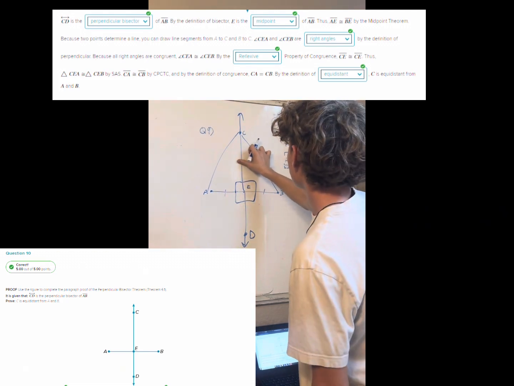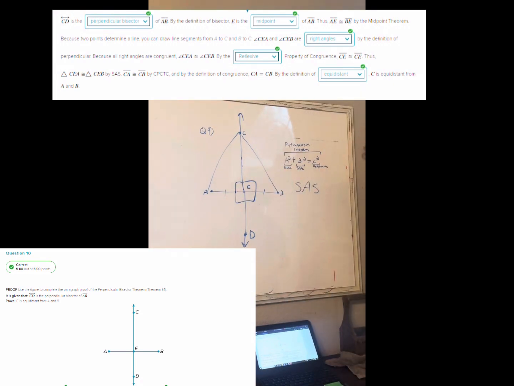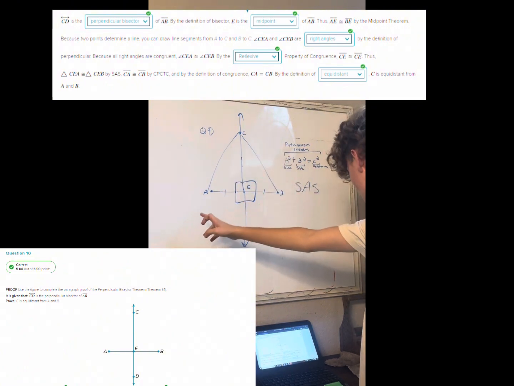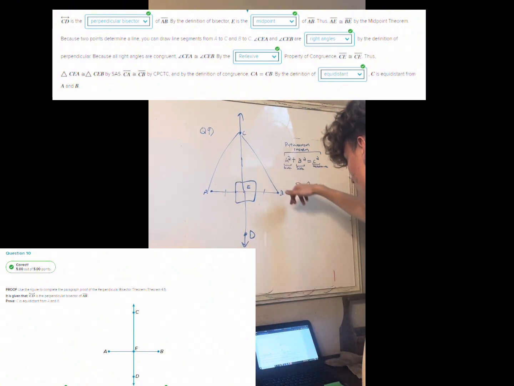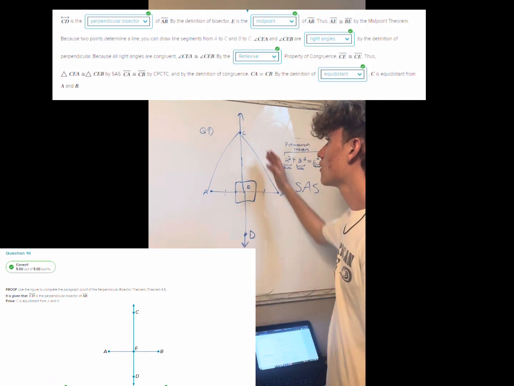I'm going to erase that because we got it. All right. CA equals CB, we know that, by the definition of equidistant. All right? C is equidistant from AB. That is how we figured it out through all of that.